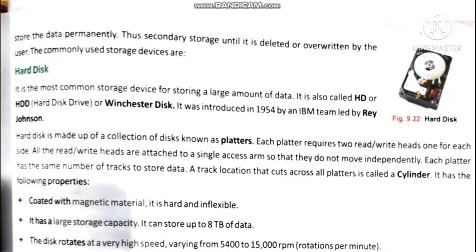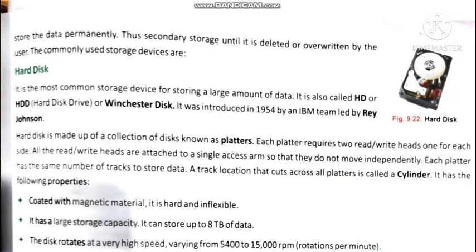Each platter requires two read-write heads, one for each side. All the read-write heads are attached to a single access arm so that they move together. On both sides data is coded, and when your processor reads the data, it is read with the help of a read-write head. So each and every disk of the platter has a read-write head on both sides, two read-write heads per disk.